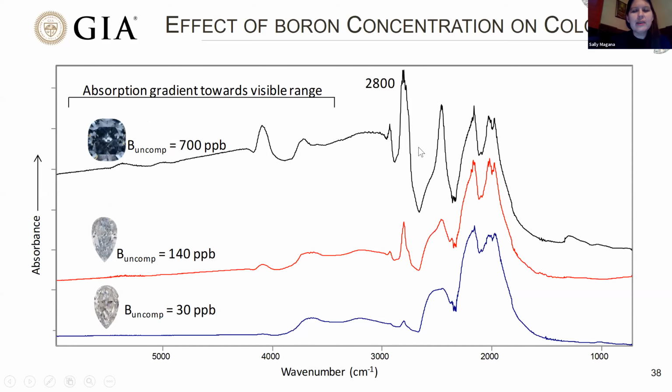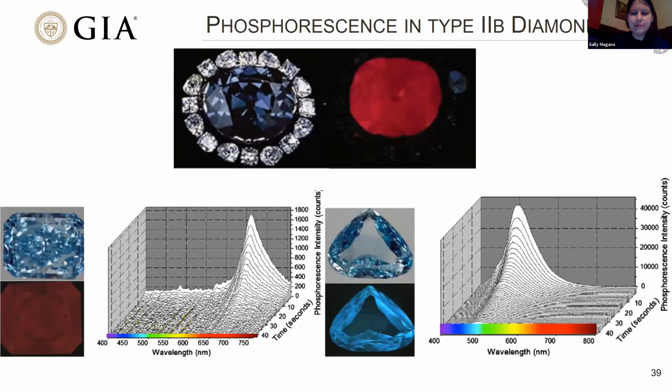And what that does is create this pronounced peak at about 2,800 wave numbers, and then that creates an absorption gradient that goes towards the visible range, where you're absorbing in the infrared, and then it's slanted towards the red, leaving the transmission window within the blue.